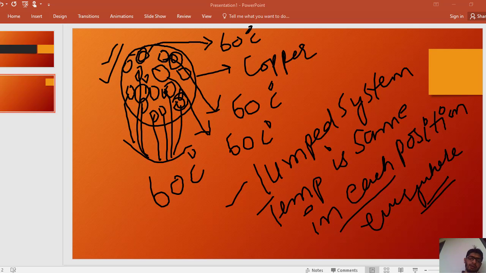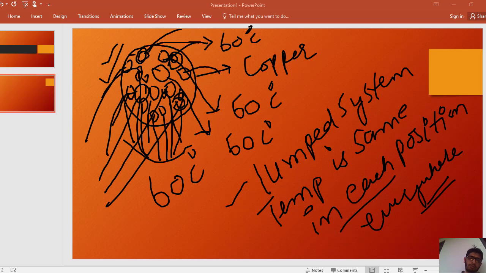Suppose someone starts an experiment and at 0 seconds, the temperature at all these positions was 60 degrees centigrade. Now, after 1 minute, if someone measures the temperature, at all positions it comes out to be 50 degrees centigrade.